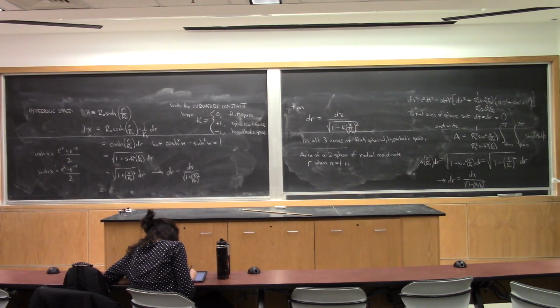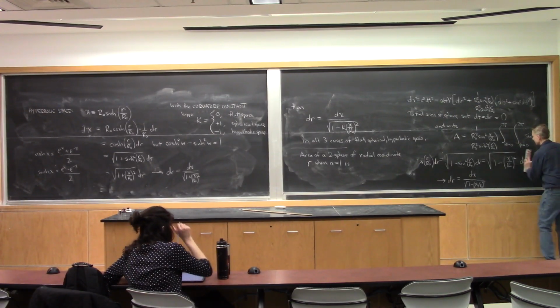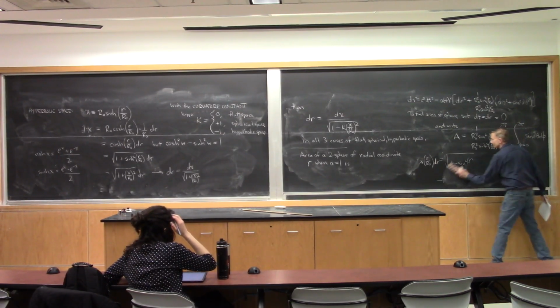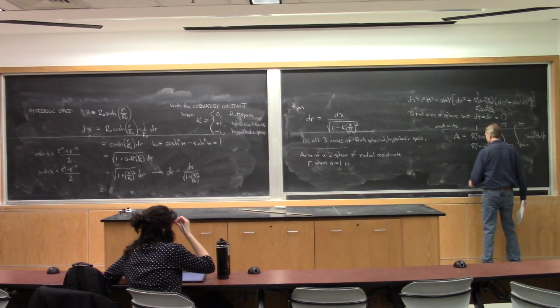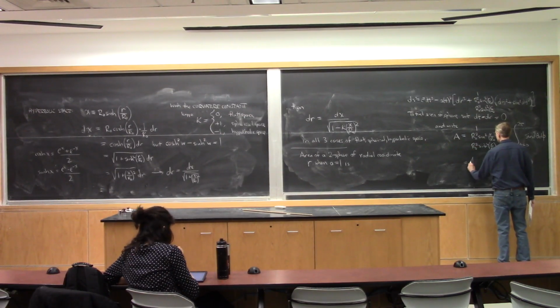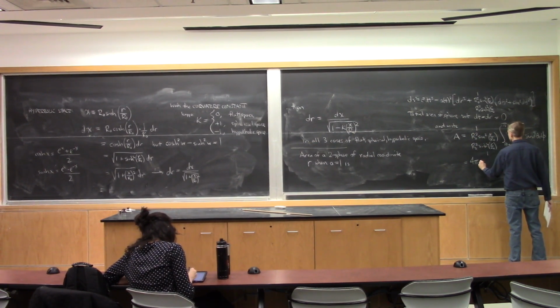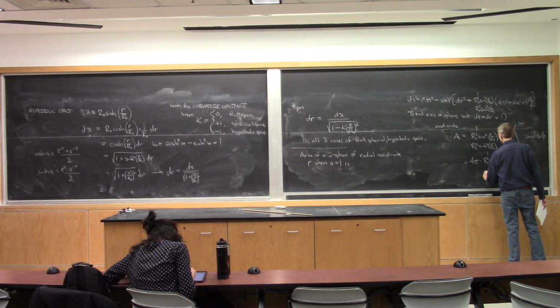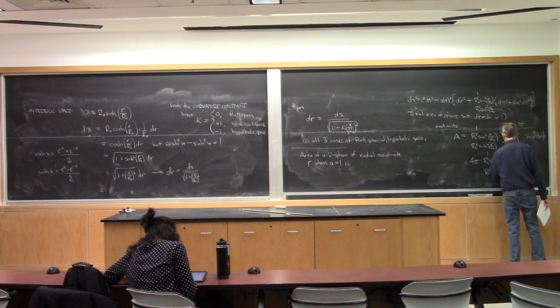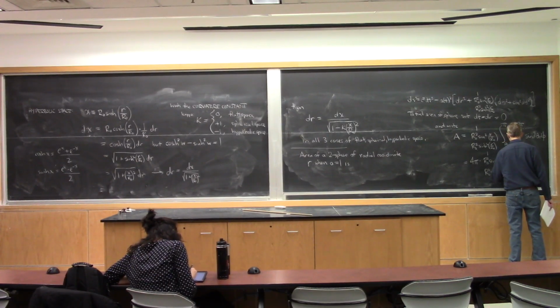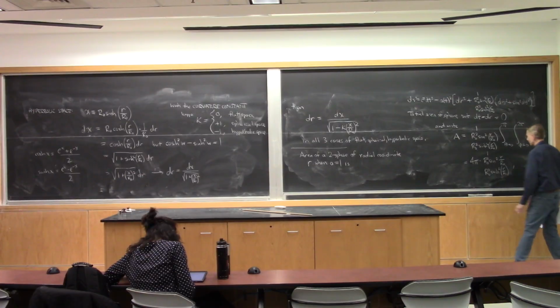And so what I get from all of this is that the area of the sphere is 4 pi times one of these three things. It's either 4 pi times r squared, or 4 pi times r naught squared sine squared r over r naught, or 4 pi times r naught squared sinh squared r over r naught.